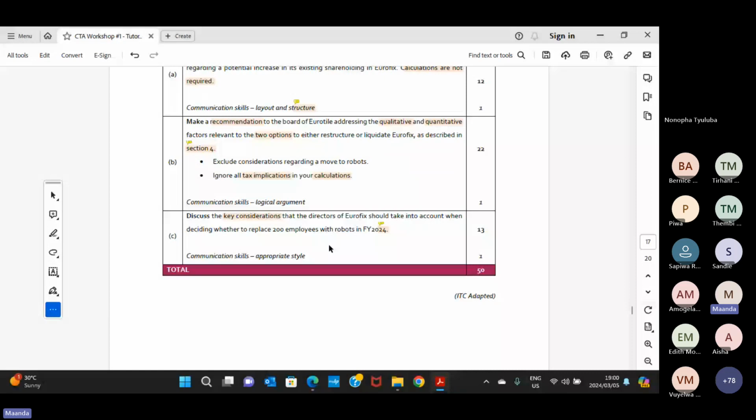And management just need your inputs. They just need you to tell them, okay, these are the bad things, these are the concerns, these are the positives that you need to consider. And then they can discuss or decide what we are going to do. So you needed to know that you need to talk about both of the considerations, both sides, and then discuss those sides.